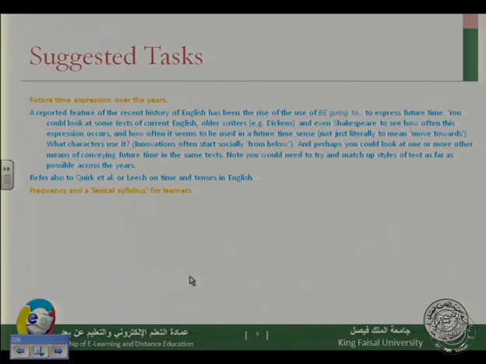If you want to have a lexical syllabus, that means you have a course for your students, not a whole course, maybe just a few weeks, or maybe a full course teaching your students about vocabulary. So one way to do it is to check the corpus to get the most frequent words in English to be taught to your students. This is a very systematic, professional, academic way to do a lexical syllabus.